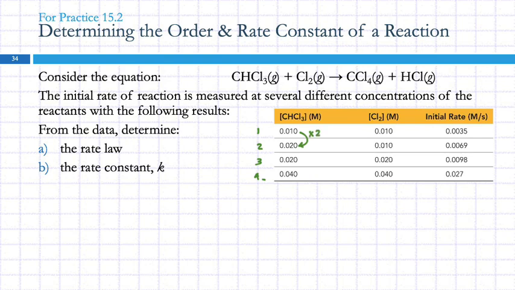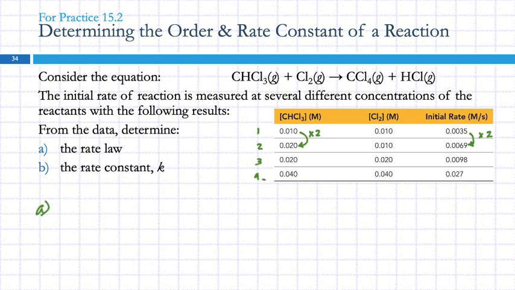So then over here, not as obvious, but what's 0.0069 divided by 0.0035? It's 2, or really close. So I doubled this concentration and the rate doubled. What's the order for that one? First order. So I can start writing my rate law.